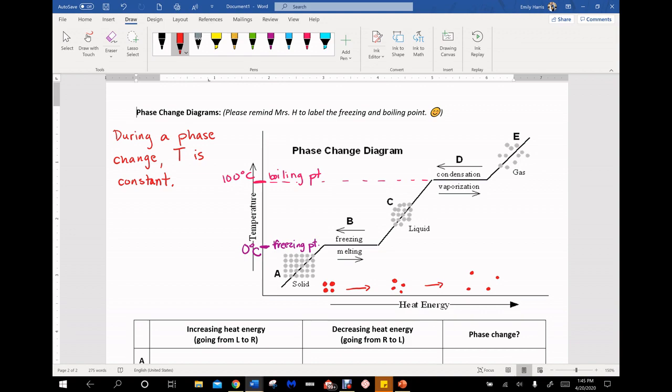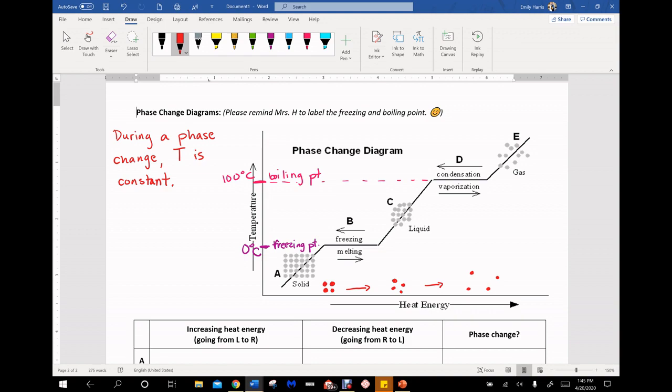So since all of that energy is going into separating the molecules, overcoming their forces of attraction, there's no energy that's left to be used to raise the temperature of the molecules. Temperature is just a measurement of the kinetic energy of the molecules, which is how fast they're moving.